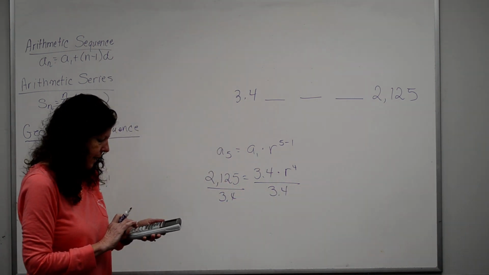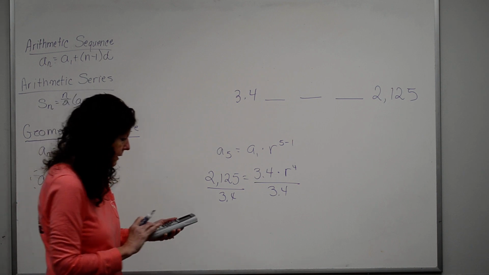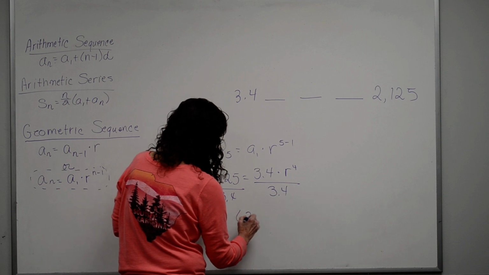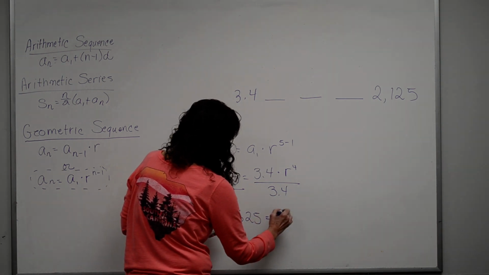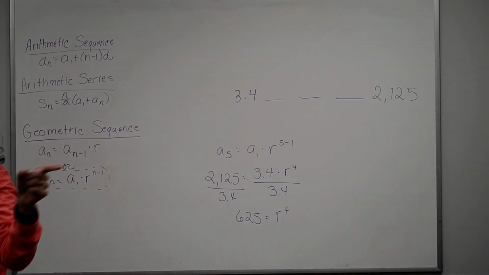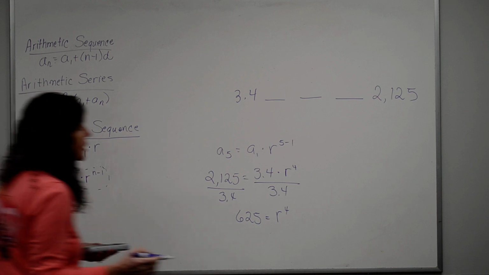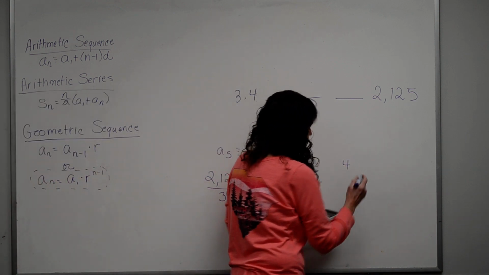So I've got 2,125 divided by the 3.4, and that's going to give me 625 equals r to the 4th power. Now what do I do? 4th root. I take the 4th root. Y'all know how to take the 4th root on your calculator? Okay, you're going to put the number 4 in.